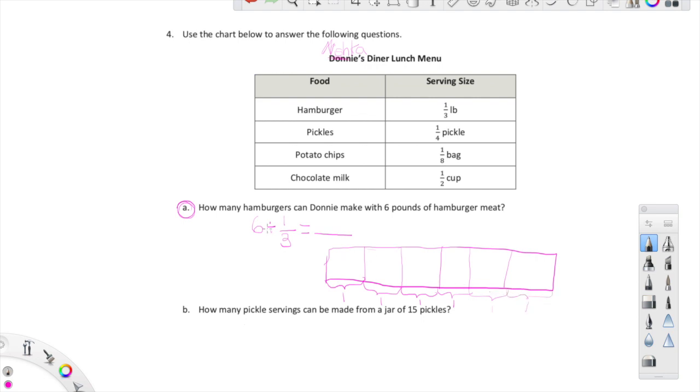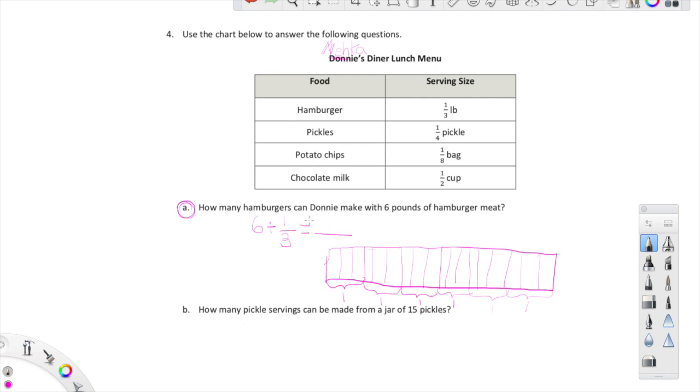Okay, now it's just divided by 1/3. So each of these parts are going to be sliced into 3 parts. So 1, 2, 3, 1, 2, 3, 1, 2, 3, 1, 2, 3, 1, 2, 3, and finally 1, 2, and 3.